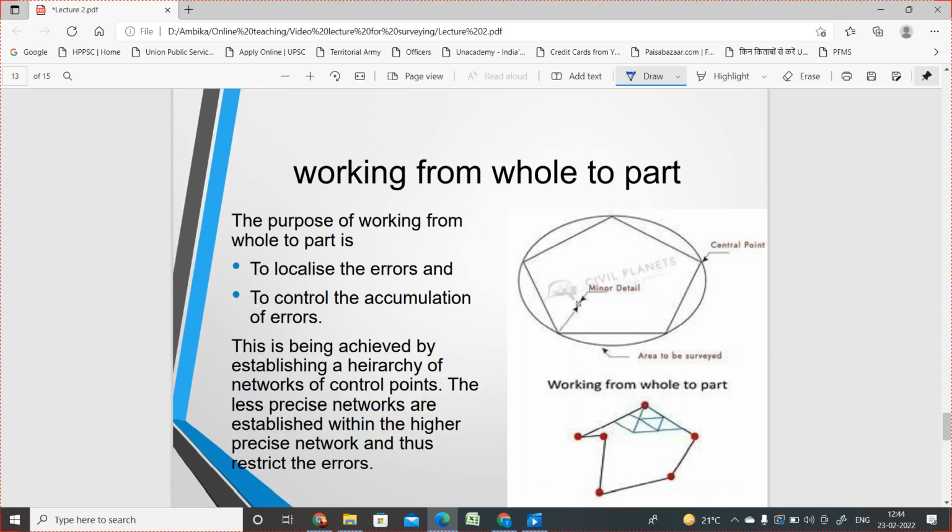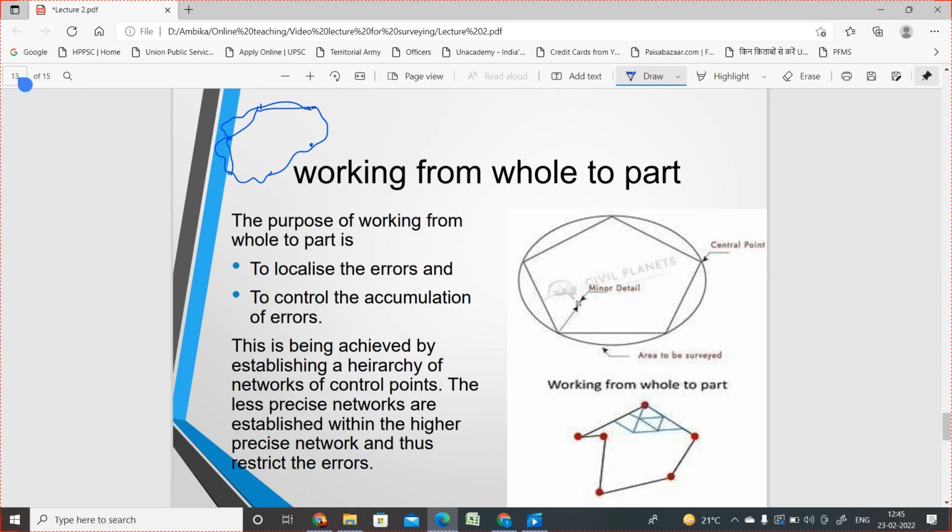The first one is working from whole to part. Why do we not work from part to whole? We always work from whole to part. Suppose this is the area. We always first identify the boundary line and the points on the boundary line. Suppose these are the station points. Then, on the basis of the method of surveying, we have the triangulation method also.